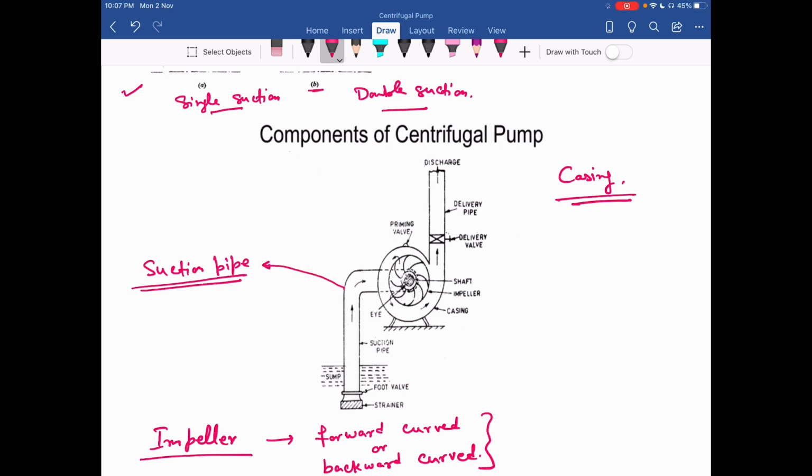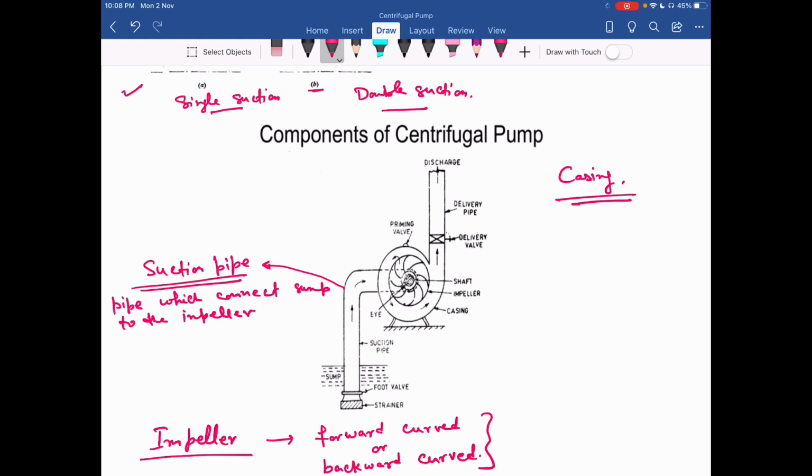This is a pipe which connects the sump to the impeller. You can see its lower end is dipped into the sump and its upper end is connected at the eye of the impeller.